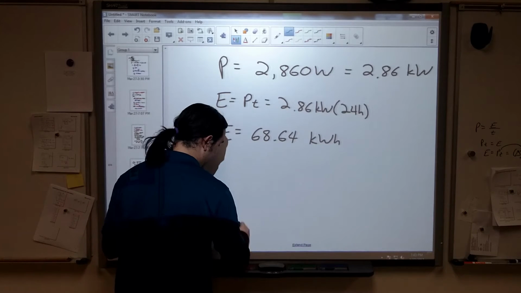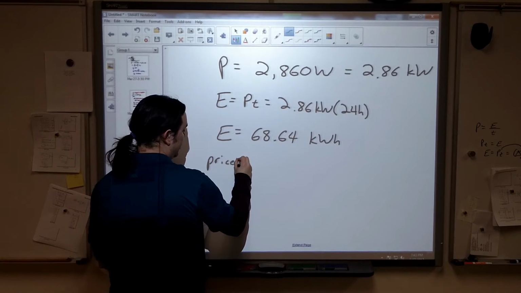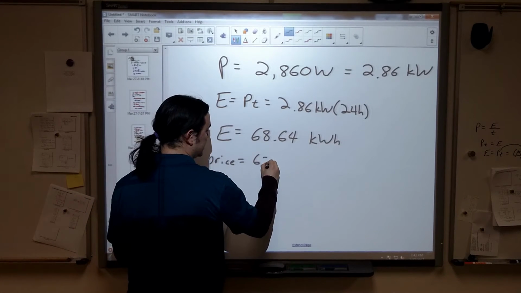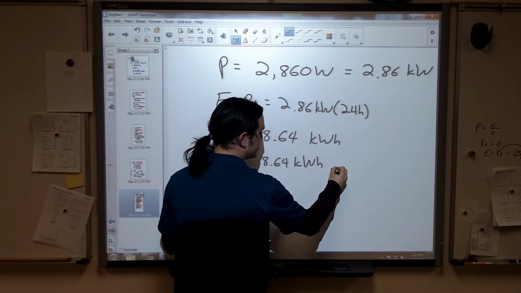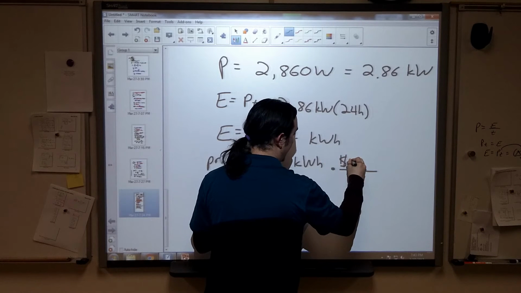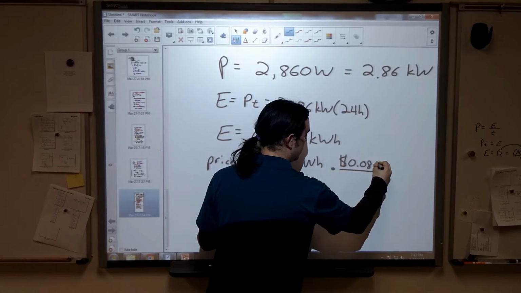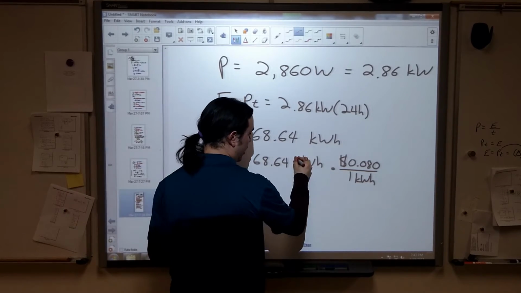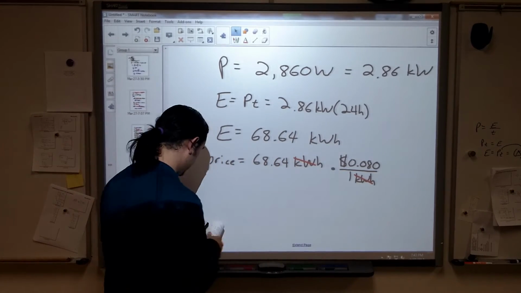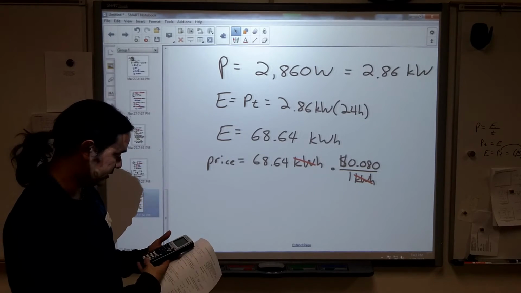And if we want to find our price, that's going to be equal to our energy, which is 68.64, that's what we're charged for, in kilowatt hours times, here it is again, 8 cents per 1 kilowatt hour. We find that the kilowatt hours cancel out. I multiply this by 8 cents.